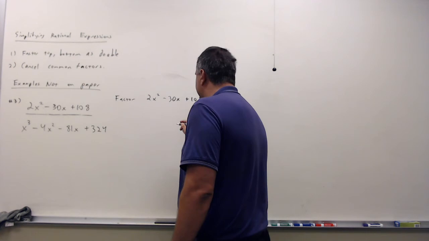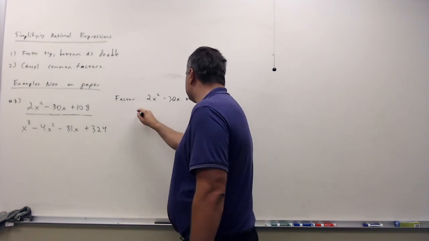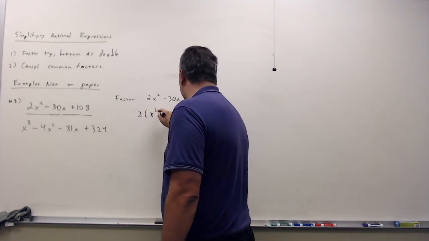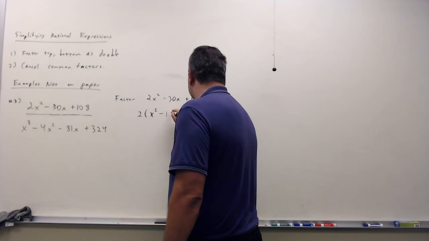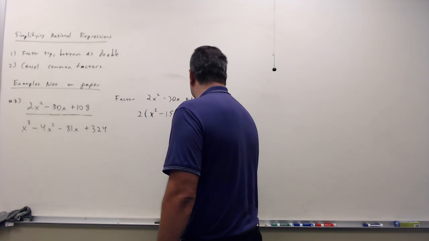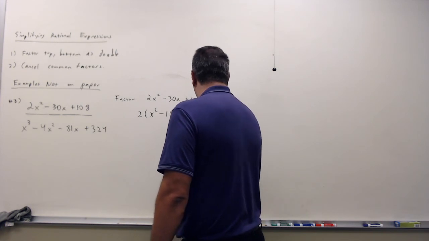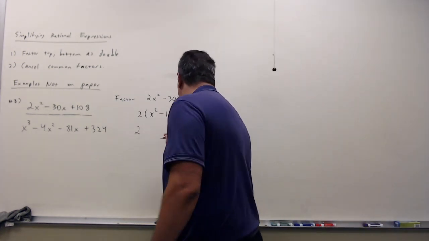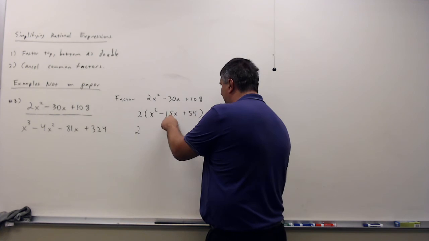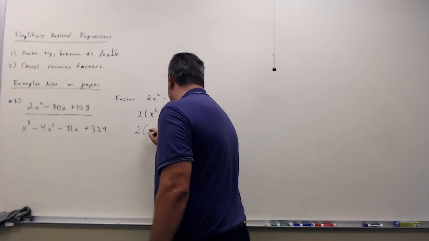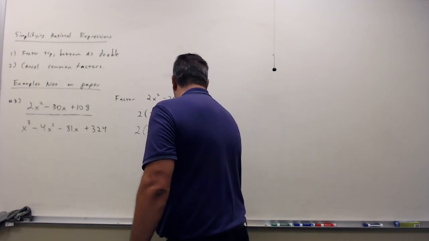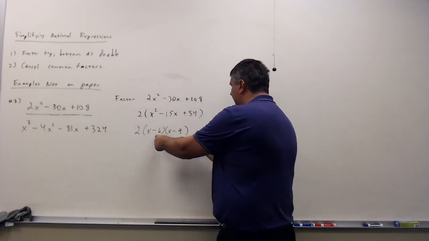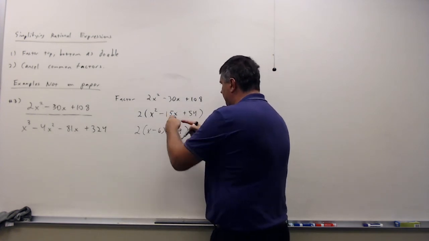Since 2 is a common factor, I will take it out, and that leaves me x squared minus 15x plus 54. And there's a pair of factors of 54 that add to negative 15. So I have x minus 6, x minus 9, because those are factors of positive 54 that add to negative 15.